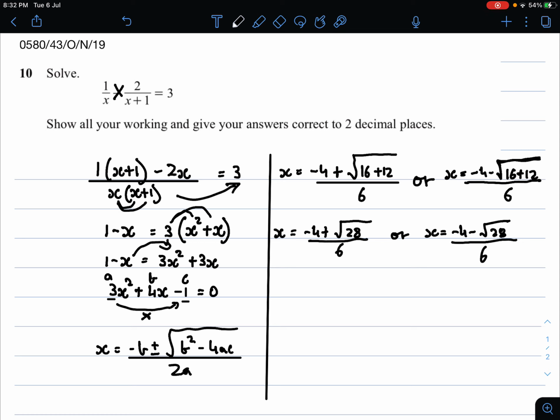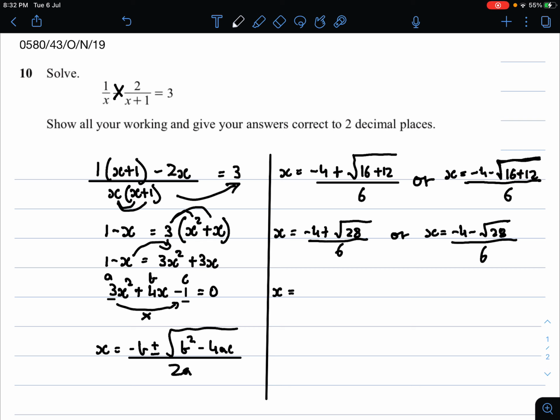Now you can put your entire calculation into your calculator. So x is equal to, in your calculator you can write root 28 minus 4 divided by 6.